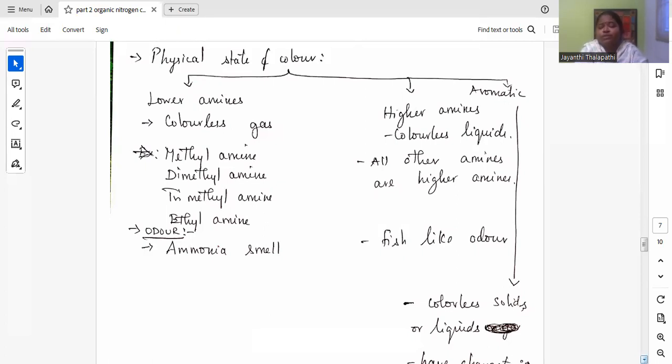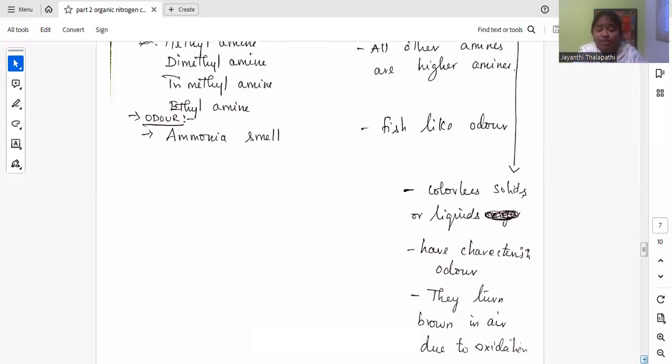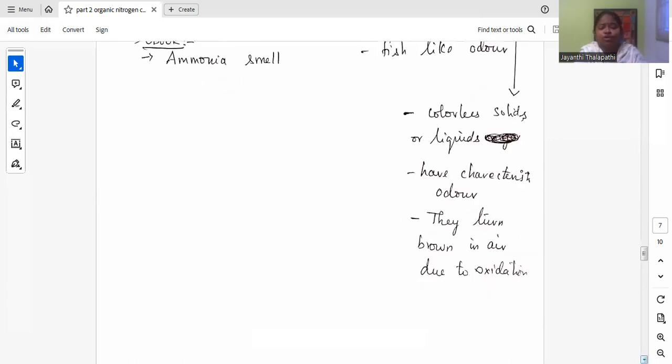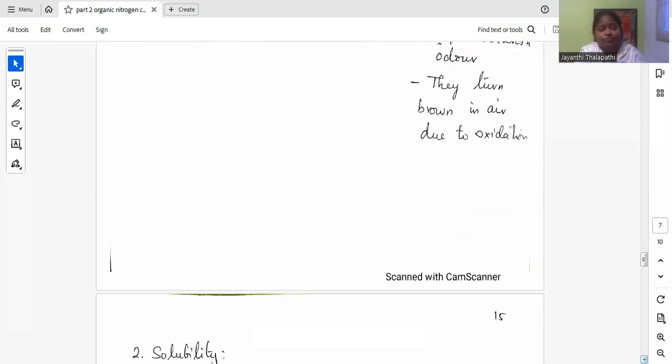All other amines apart from methylamine, dimethylamine, trimethylamine or ethylamine are higher amines, which smell like fish. Aromatic amines are colorless solids or liquids, each with a characteristic smell. They turn brown in air due to oxidation.